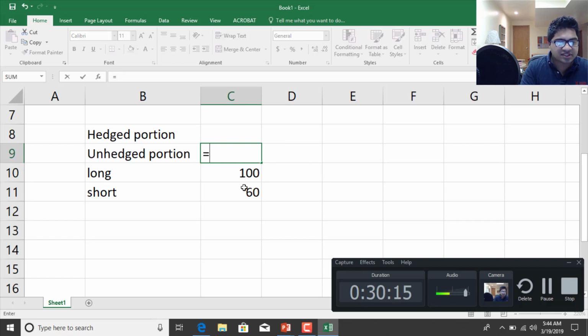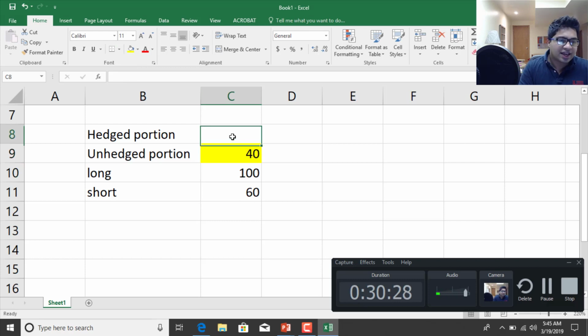Unhedged portion is always the difference between the two. Whatever is bigger, long or short, minus whatever is smaller. So the difference between the two is the unhedged portion. Hedged portion is the lesser amount between long and short. So hedged portion is 60, that doesn't have any market risk, and unhedged portion is 40, that does have market risk.